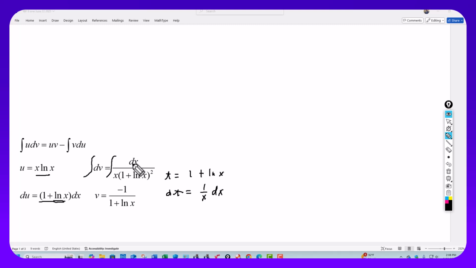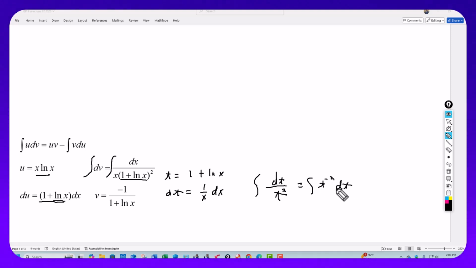So dx over x is dt. And the denominator right here is t, so this will be t squared. So this is the integral of t to the negative 2 dt.